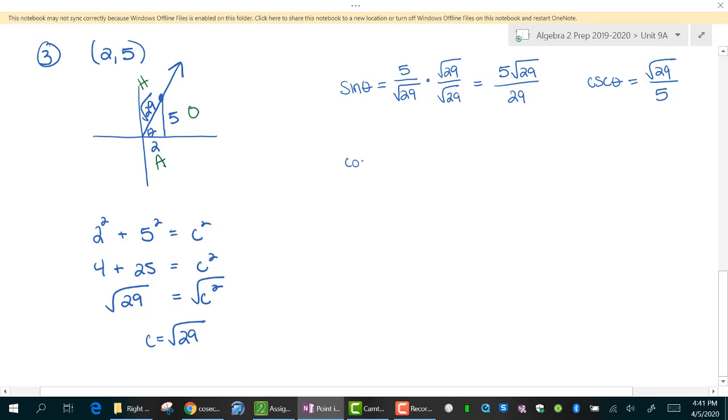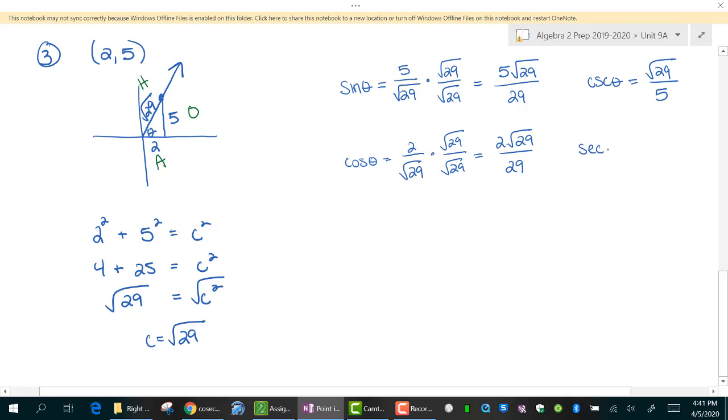Next up is cosine of theta. So adjacent over hypotenuse, 2 divided by the square root of 29. Again, I need to rationalize. You might already kind of expect at this point, okay, well, if I multiply square root of 29 over square root of 29, I know that I'm going to get 2 root 29 over 29.